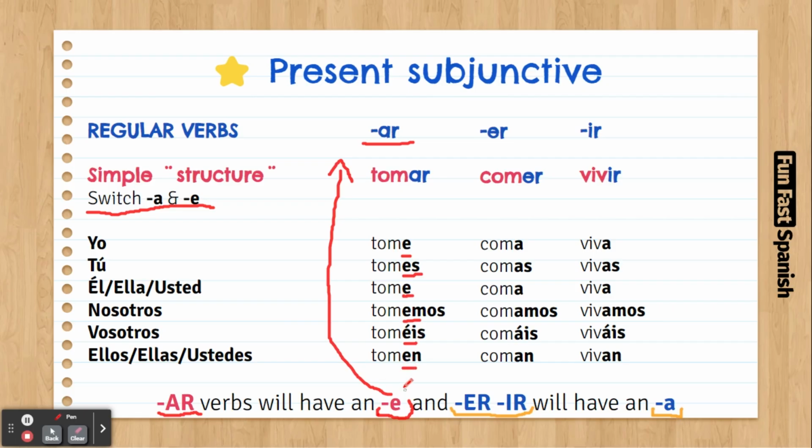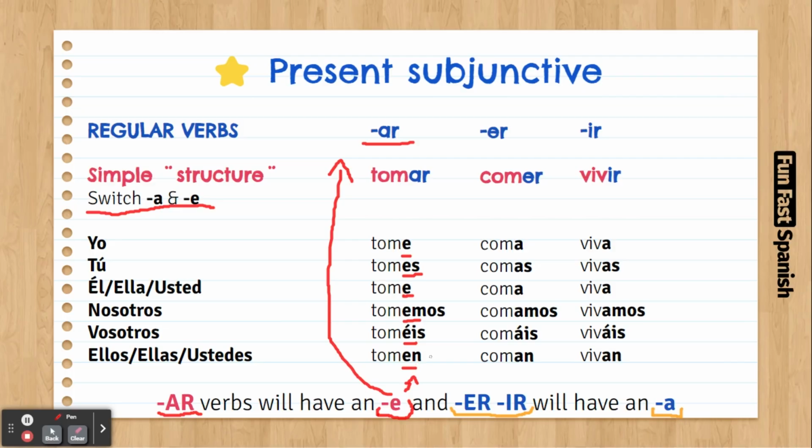So as you can see, the E goes in every single conjugation. You don't say yo tomo, tú tomas, él toma, nosotros tomamos, vosotros tomáis, you say yo tome, tú tomes, él tome, nosotros tomemos, vosotros toméis, ellos tomen. So you just put the E everywhere.